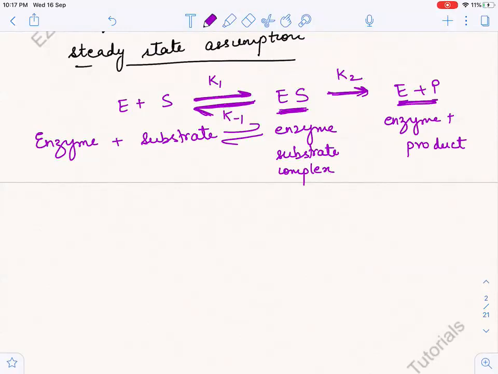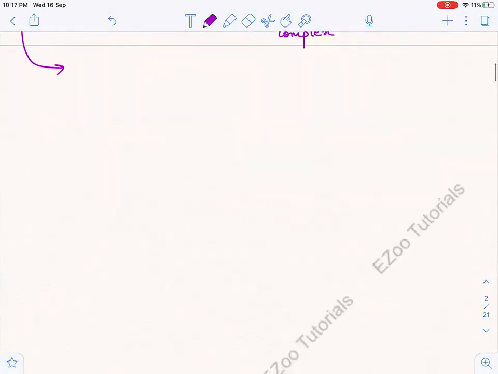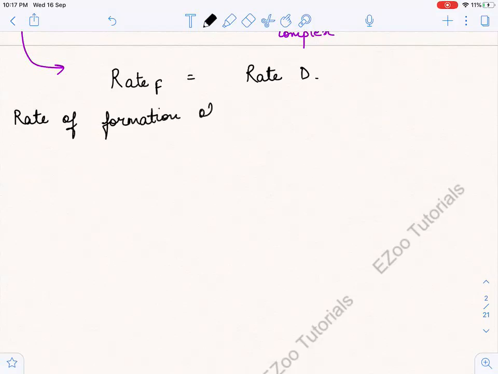So now what is this steady state assumption stating? This is stating that the rate of formation of enzyme substrate complex, ES, is equal to the rate of dissociation.